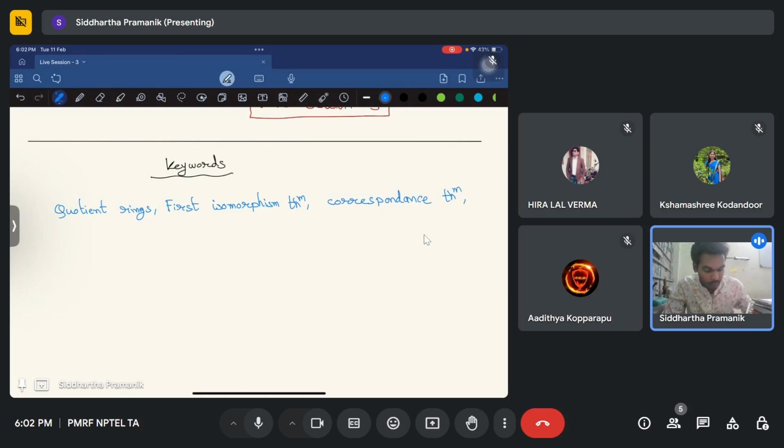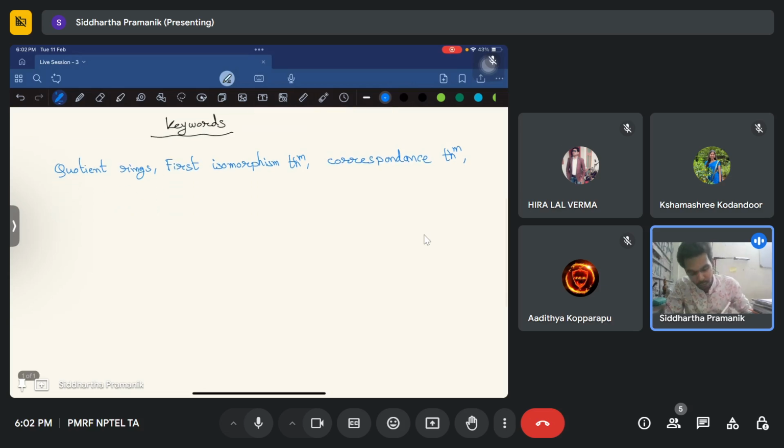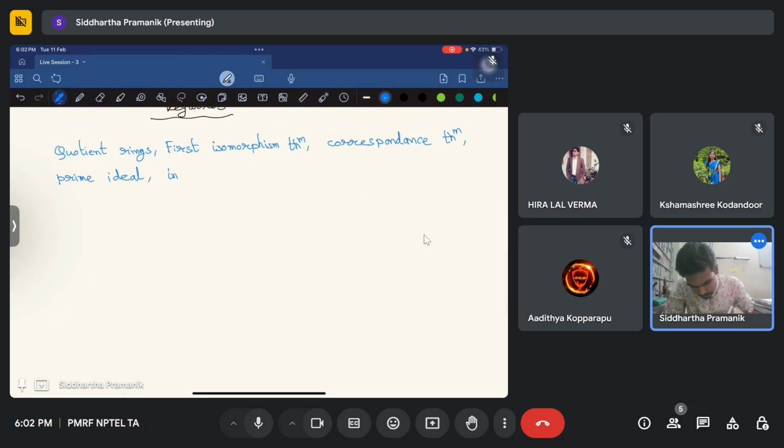Then we saw one particular type of ideal known as prime ideal. Then we saw integral domains. And finally, we defined maximal ideals.